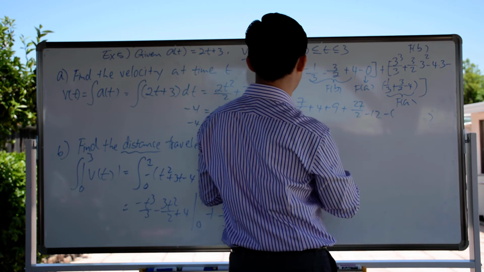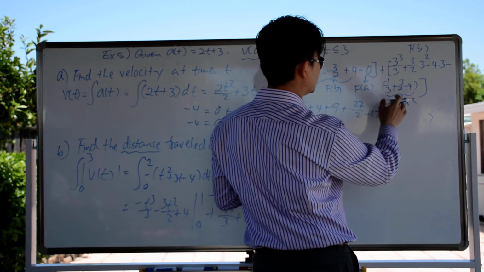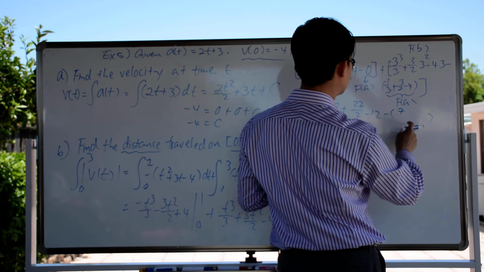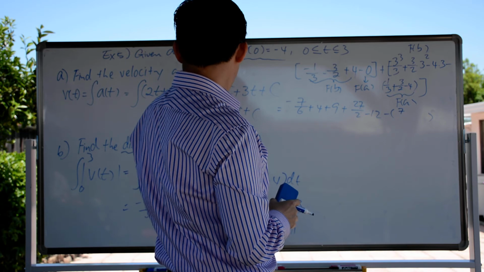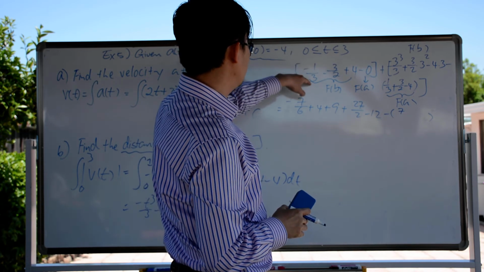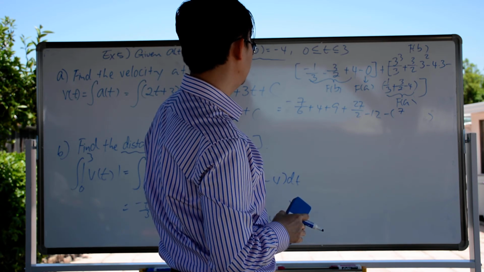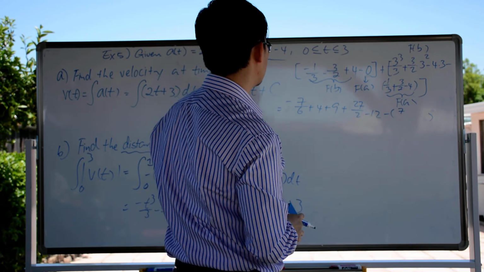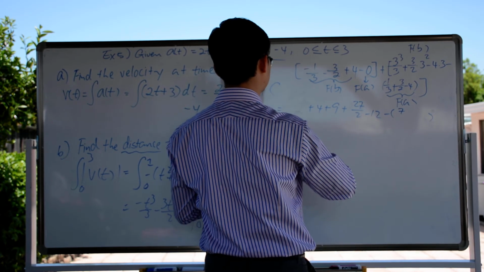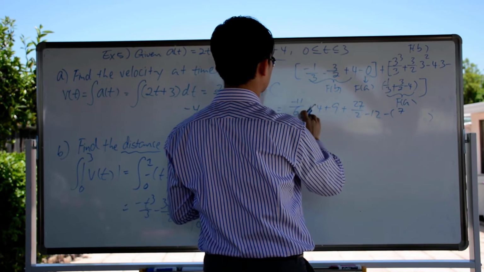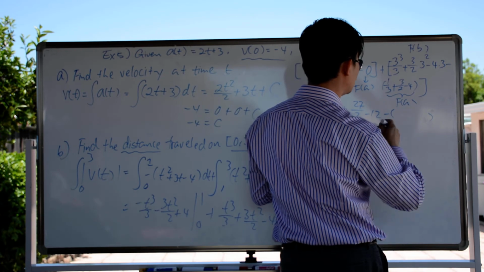Wait a minute, so we got negative 2 over 6, negative 9 over 6, so this part would be negative 11 over 6. So this one, it's 11 over 6 minus 4.